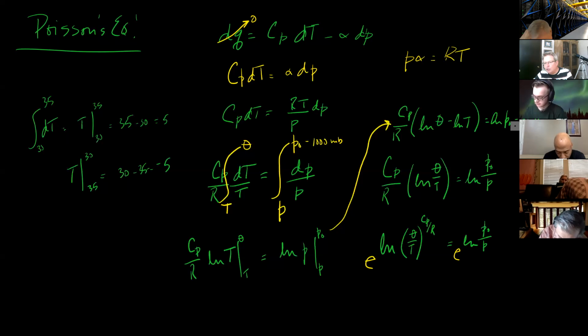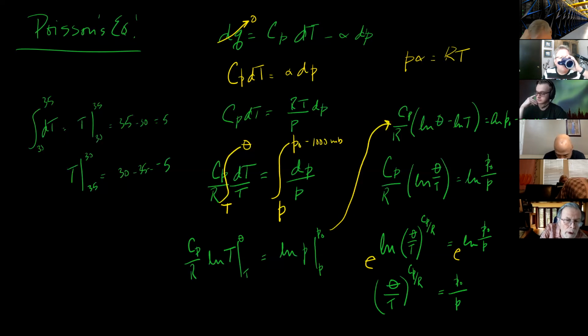What that allows you to do is go theta over T to the Cp over R equals P naught over P. And now what do I do with the exponent?